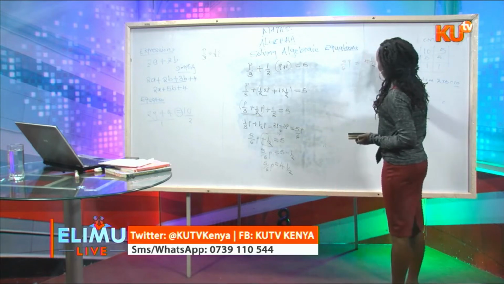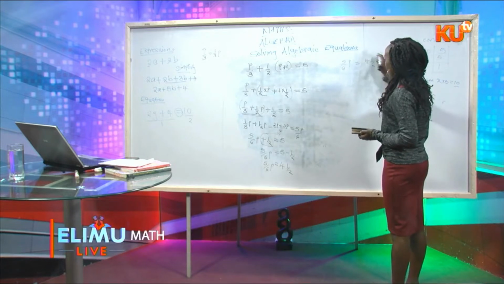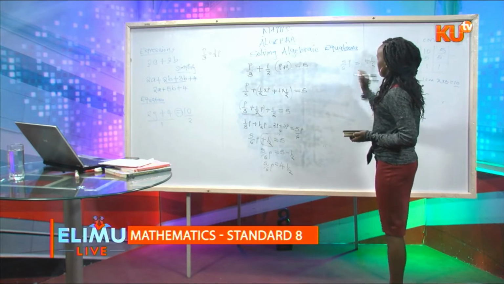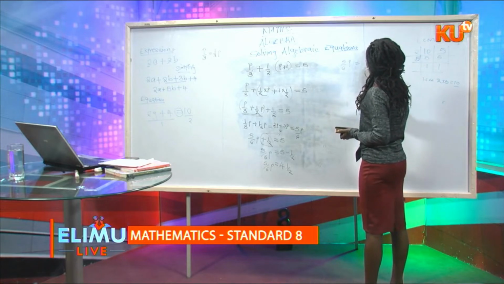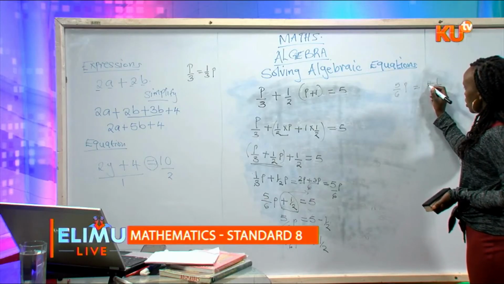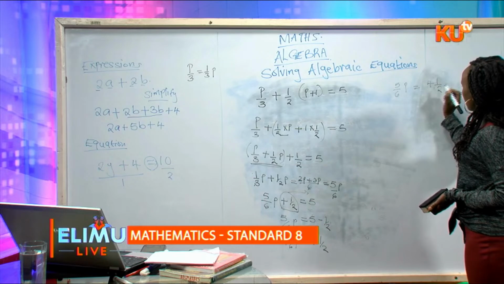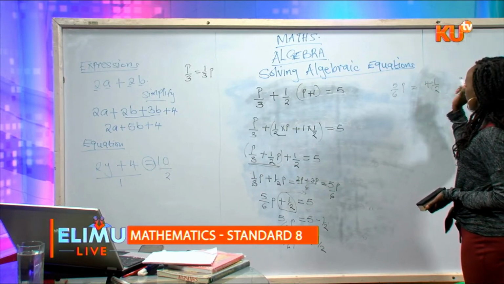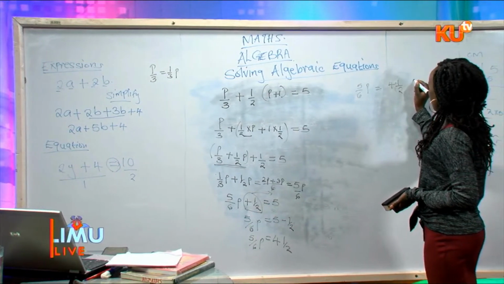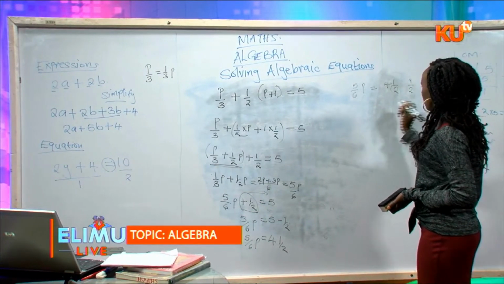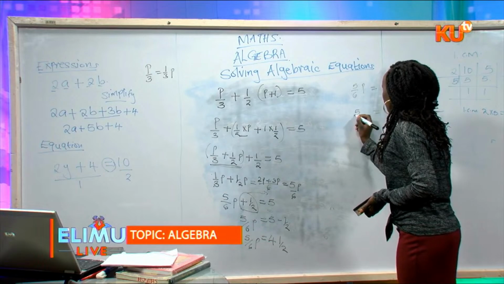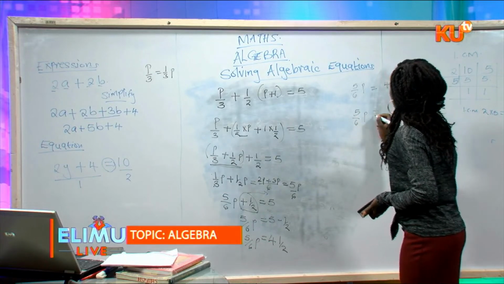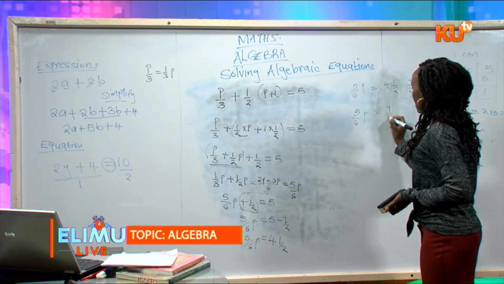So we can start by changing this number into an improper fraction, even before we get the value of P. To get it as an improper fraction, we take the whole number times the denominator, the answer we add to 1. So 4 times 2 is 8, 8 plus 1, we get 9 over 2. So 5 over 6 P is equal to 9 over 2.